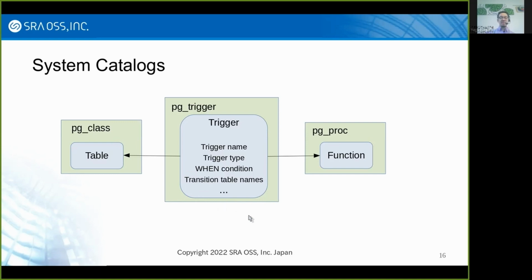And also, this entry has a reference to the table that is stored in the pg_class system catalog, and pg_trigger also has a reference to pg_proc. This contains an entry for the function to be executed.